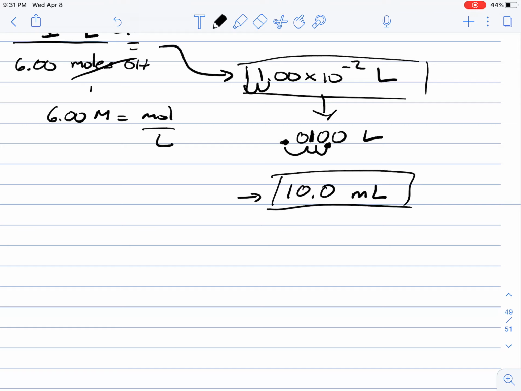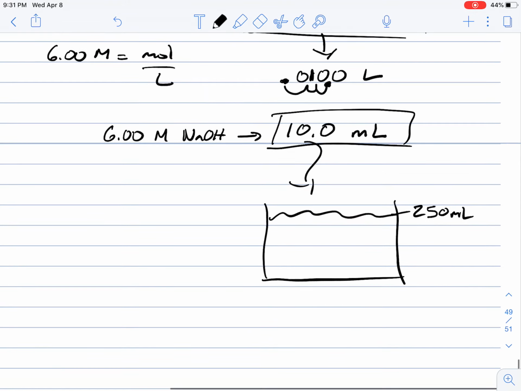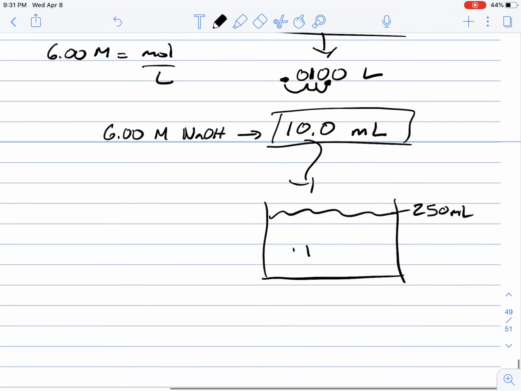And so what this is basically telling us is that if we measure 10 milliliters of 6.00 molar concentration of sodium hydroxide, and if we add that 10 mils into that 250 milliliter beaker, or that 250 milliliter solution that contains my nitrous acid, then I should be able to get a buffer.